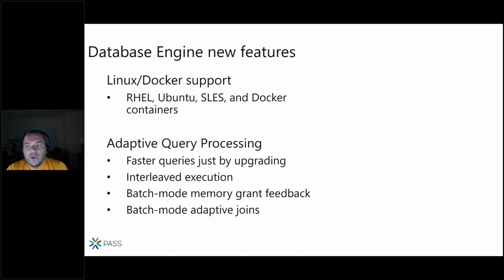It will be able to analyze interleaved execution, it enables batch mode memory grant feedback, and also it enables batch mode adaptive joins. And these features are enabled by default in SQL Server, so that your applications run faster. I'm going to talk a little bit more about adaptive query processing later.